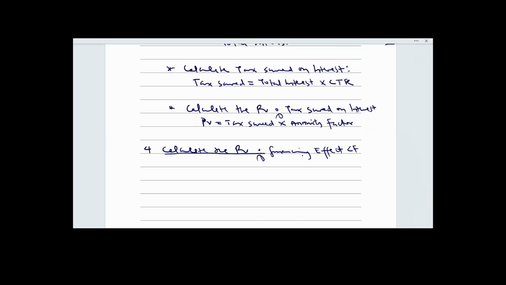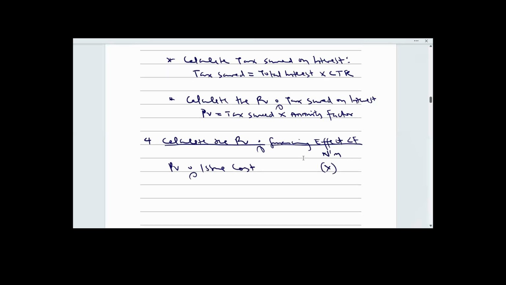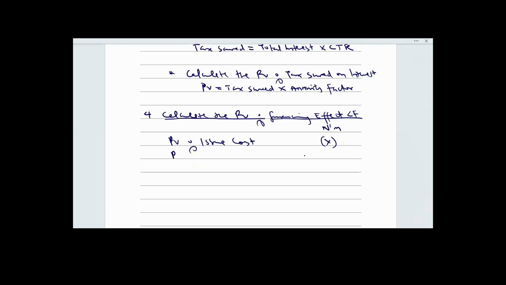So all your calculation previously as above, this is the time for you to now put them down. I will say PV of issue cost, which is certainly to be in brackets. I will add PV of net subsidy, which is a cash inflow.